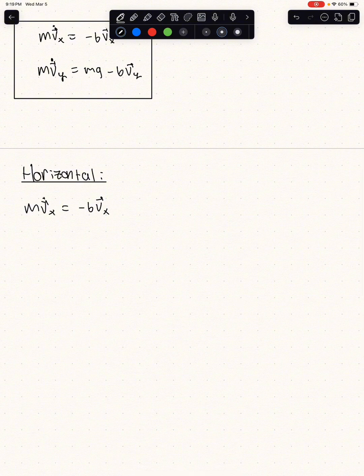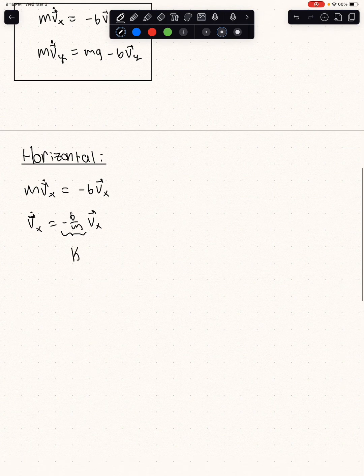If we divide over that m, vx dot is going to be negative b over m vx. Now this negative b over m term is often written as its own variable, oftentimes k. So this would go to vx dot equal to negative k vx.